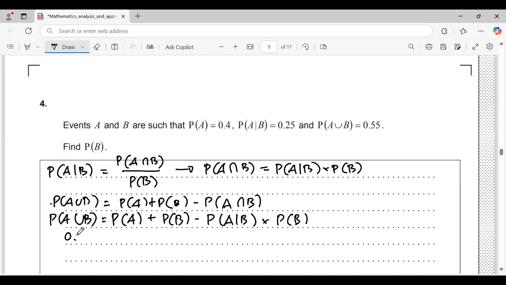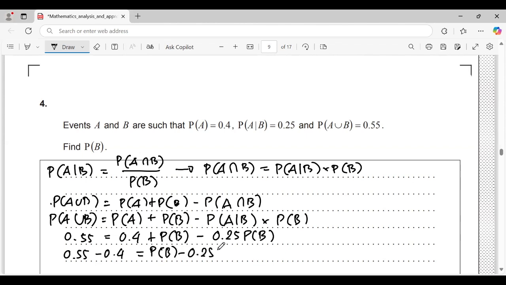Okay. So if we substitute this information, this probability equals 0.55, and this probability is 0.4 plus probability B. This probability equals 0.25 of probability B. 0.55 minus 0.4 equals 1 of probability B minus 0.25 of probability B. Okay, I'm going to scroll down first.